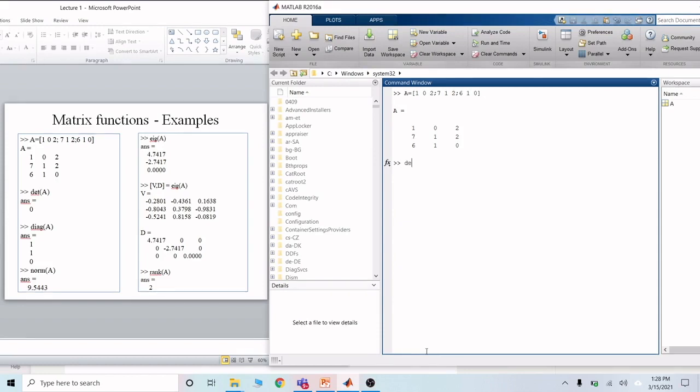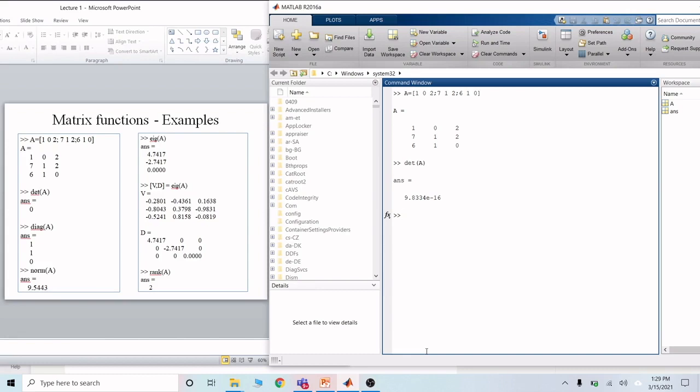Okay, I want to find the determinant. Because it's a square matrix, I can compute the determinant, DET A. The determinant is this.